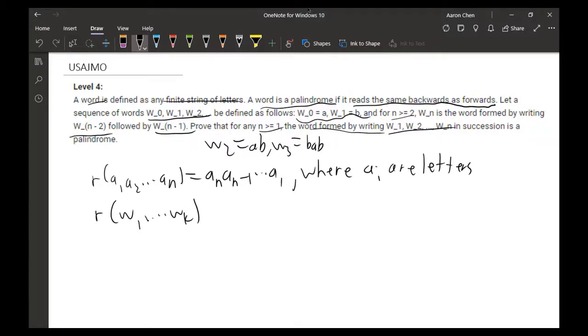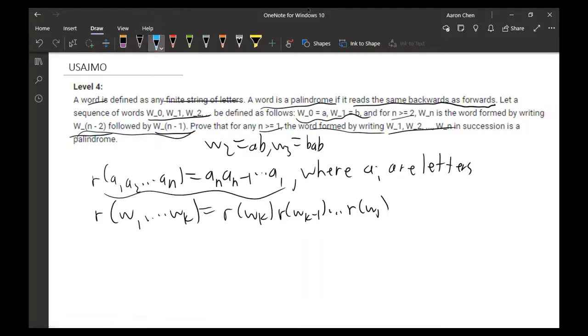And so if we want, we can induct to show that this is simply equal to the reverse of Wk, reverse of Wk minus 1, all the way to reverse of W1, in this order. So we can see this through induction based off of the definition of R and just simply because of the recursive definition of W.